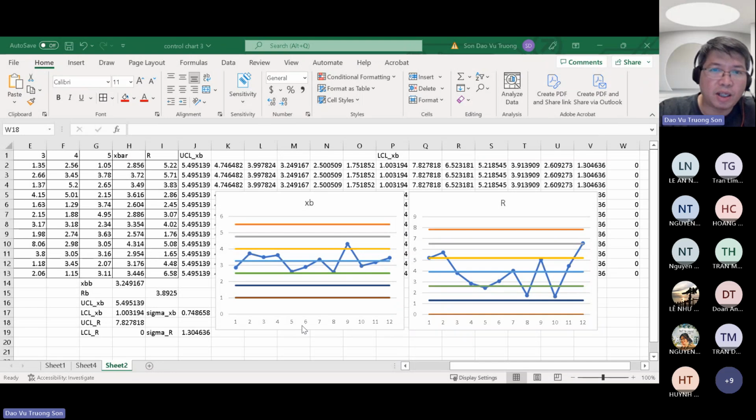After constructing the six zones, you can use the same 7 set of rules to check for violation. So far in this, there is no particular violation for any of the rules. So the process is stable because both of the charts, X bar and R, are stable.